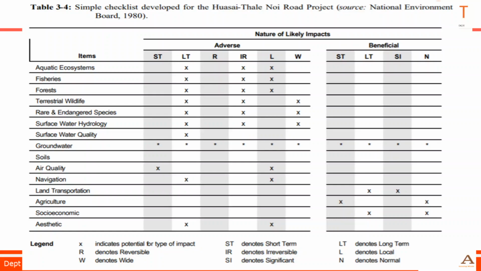In case of all other environmental factors, they have some mapping to positive or negative. You see in all the categories there is some mapping either to the positive or to the negative, and most of the environmental factors are mapped to the negative, and only a few of them have been mapped to the beneficial or positive impacts. The positive impacts come in transportation, agriculture, socio-economic, and aesthetics.